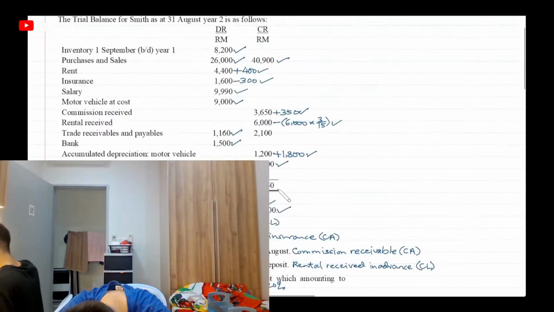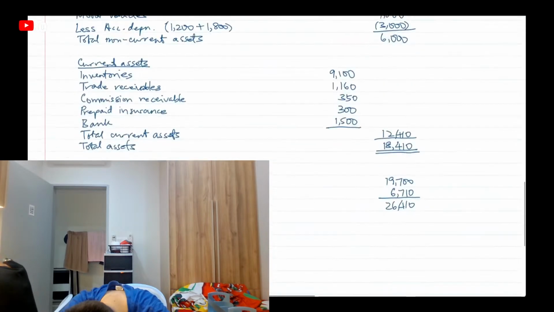But we also had drawings. Total drawings for the year was 11,700 ringgit. Drawings will reduce our capital. So if you deduct drawings, we end up with 14,710 ringgit closing capital balance.